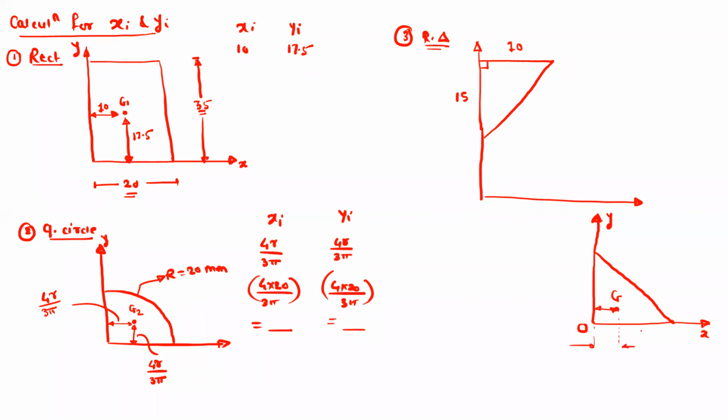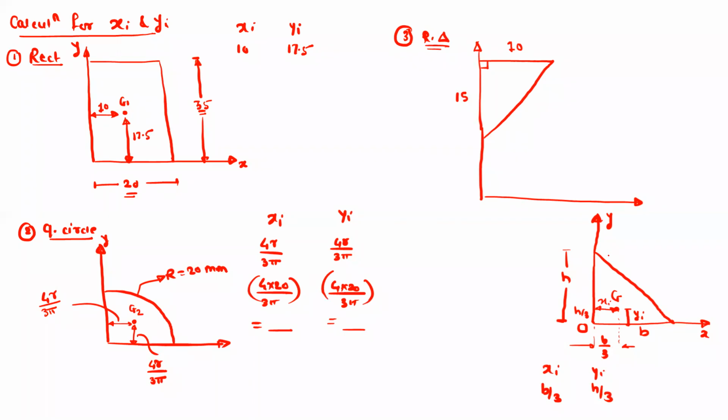If this base is b and this height is equal to h, x coordinate will be b by 3 and this will be y coordinate. So this is yi and this is xi. y coordinate will be h by 3. So always remember, from 90 degree, distance of center of gravity will be h by 3 and b by 3. So here xi will be b by 3 and yi will be h by 3.